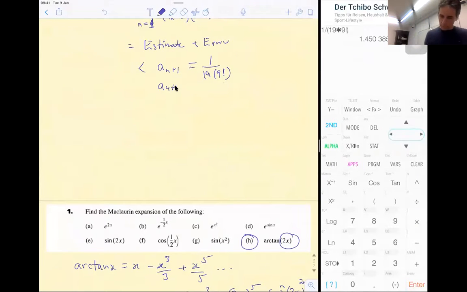And so that number is actually equal to 0.000000 15, right? So I gotta move the decimal place over 7 times. So a sub n is less than that amount here.